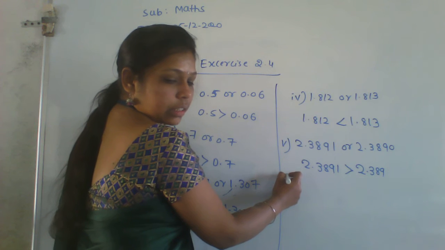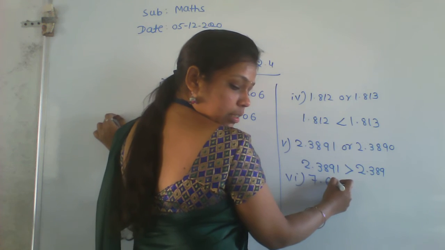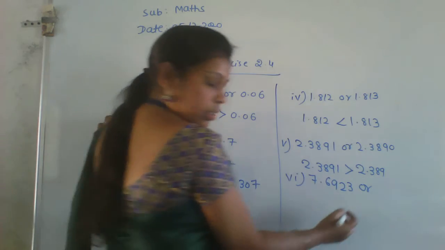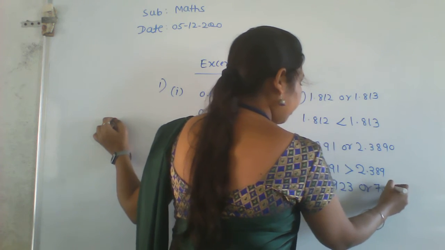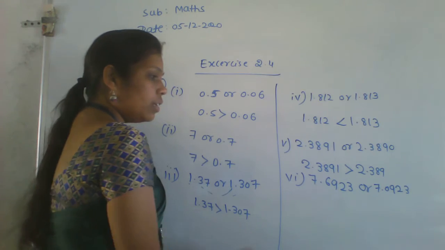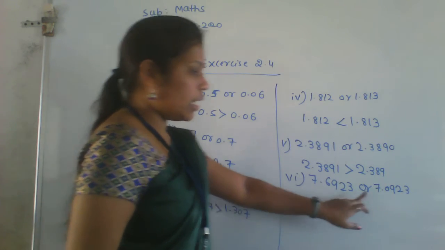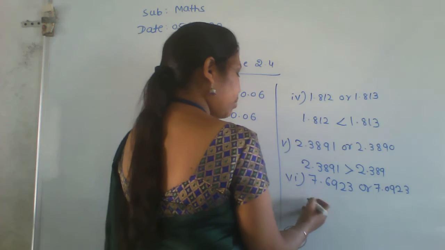Next one, sixth one: 7.6923 or 7.092. Now compare. After the decimal point, here 6 is there, here 0 is there. Which one is the greater? Of course, this number is the greater.